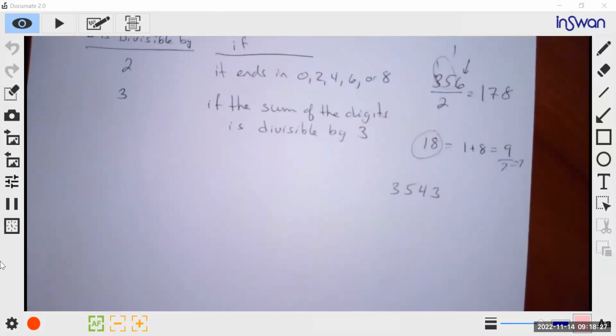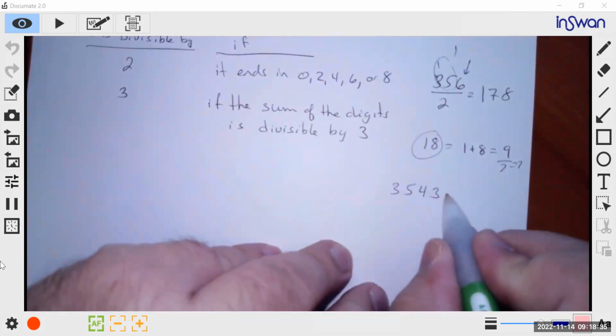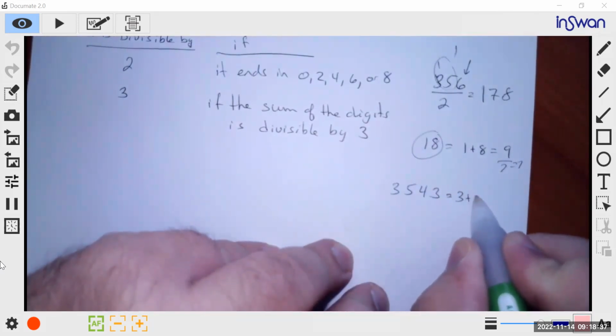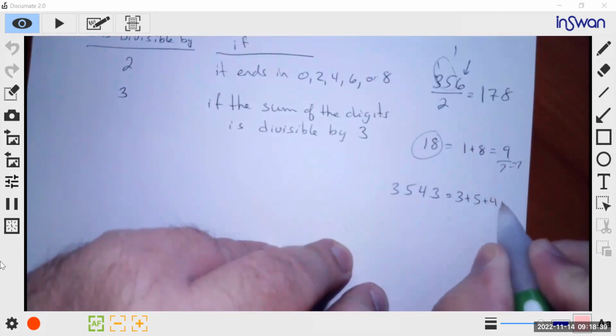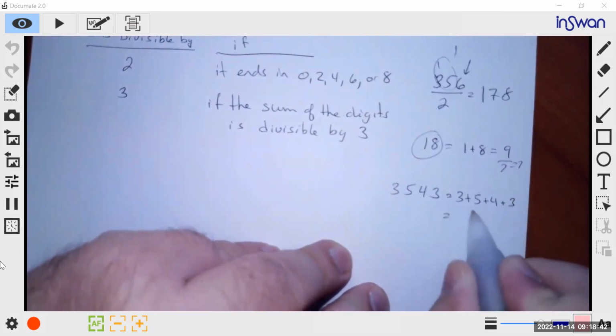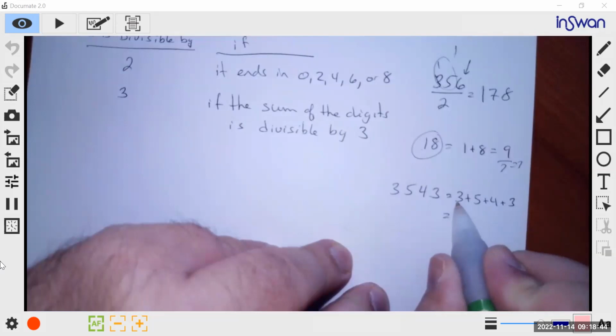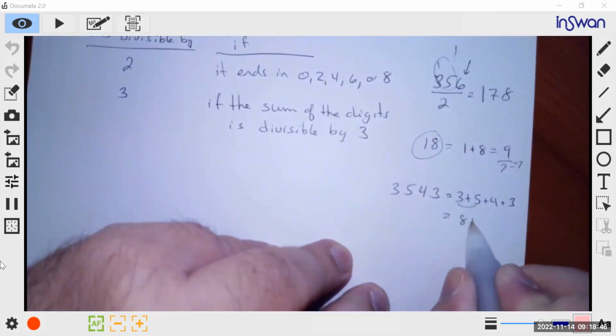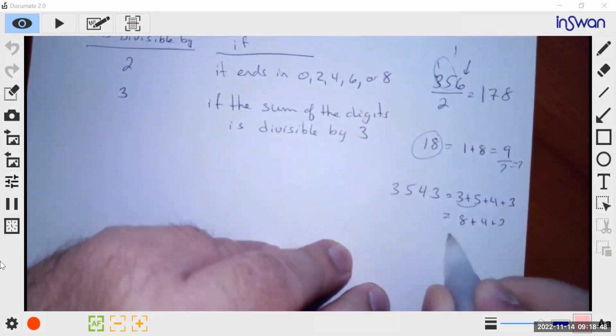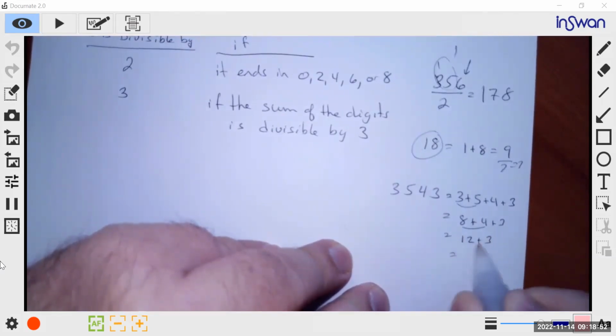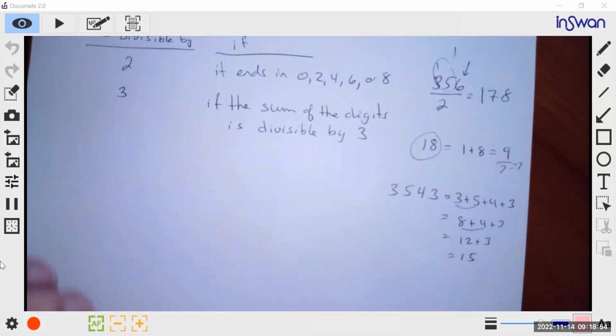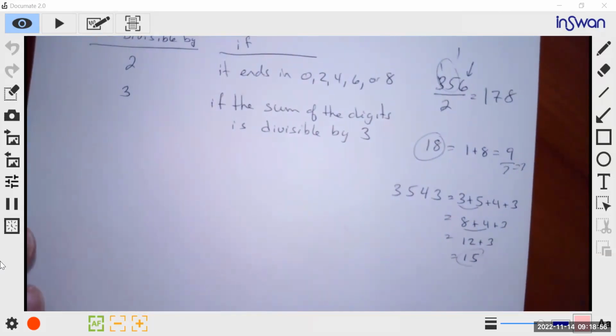Is 3, 5, 4, 3 divisible by 3? Well, let's find out. 3 plus 5 plus 4 plus 3. 3 plus 5 is 8. 8 plus 4 is 12. 12 plus 3 is 15, and 15 is divisible by 3.